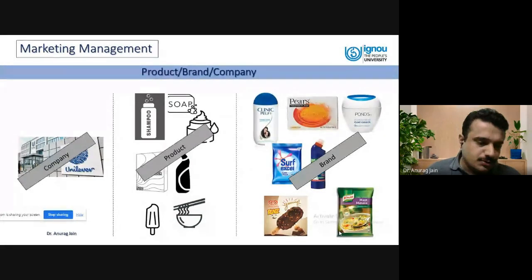Feast or Quality Walls is a brand for ice creams. Similarly, Surf Excel is a detergent brand. Pears is a soap brand. Clinic Plus is a shampoo brand. Are you understanding my point? These are the identities created for the products in the center, and they are offered by a company known as Unilever.